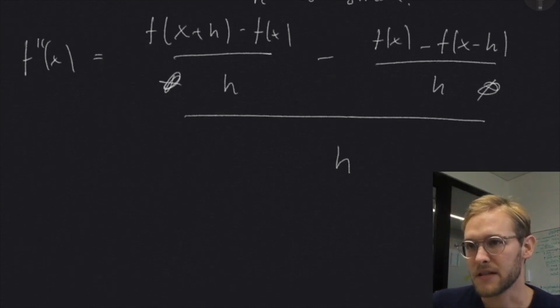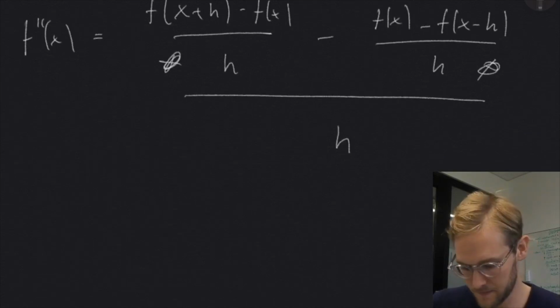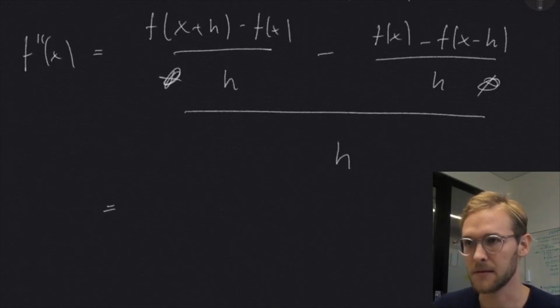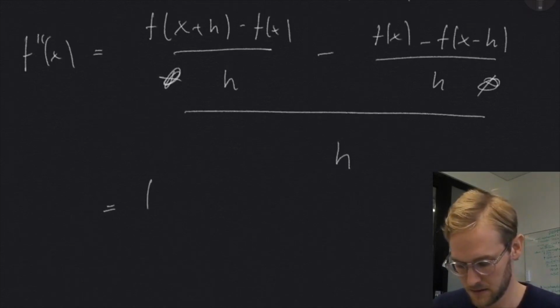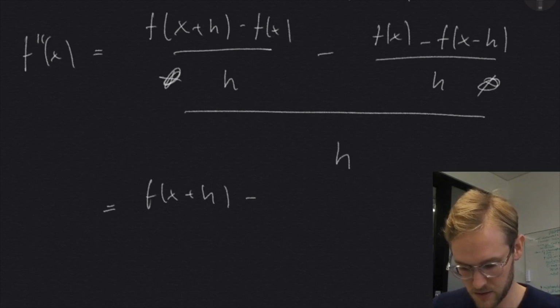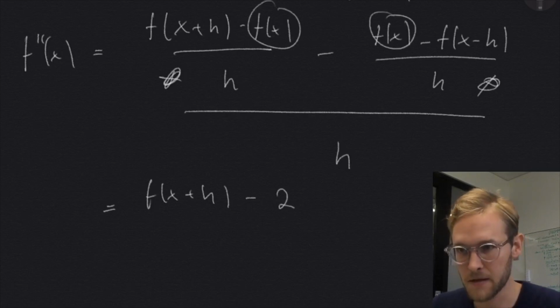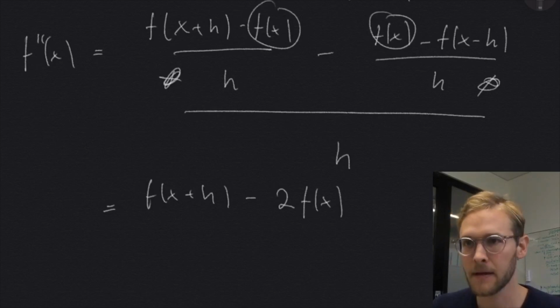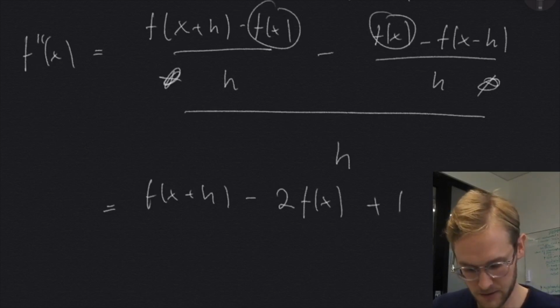We can simplify this expression and you'll see that we get a much neater expression. It'll be f of x plus h minus 2, we have 2 of these, 2 of f of x, and then plus f of x minus h.